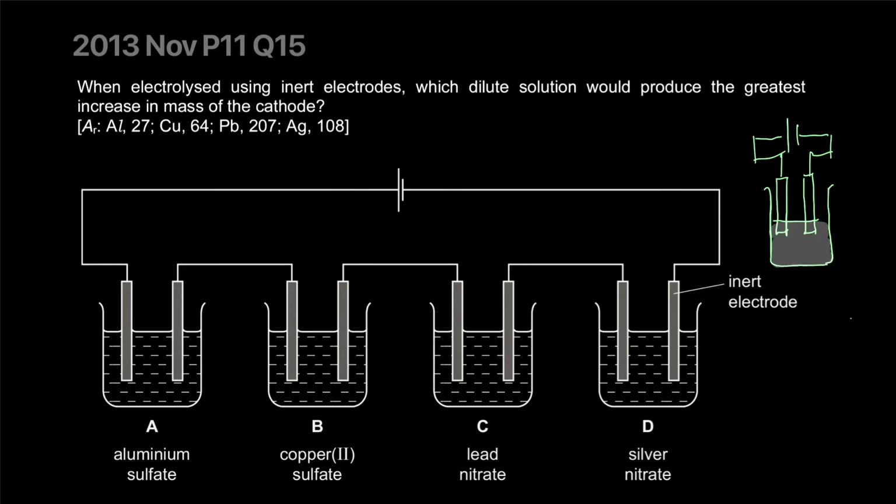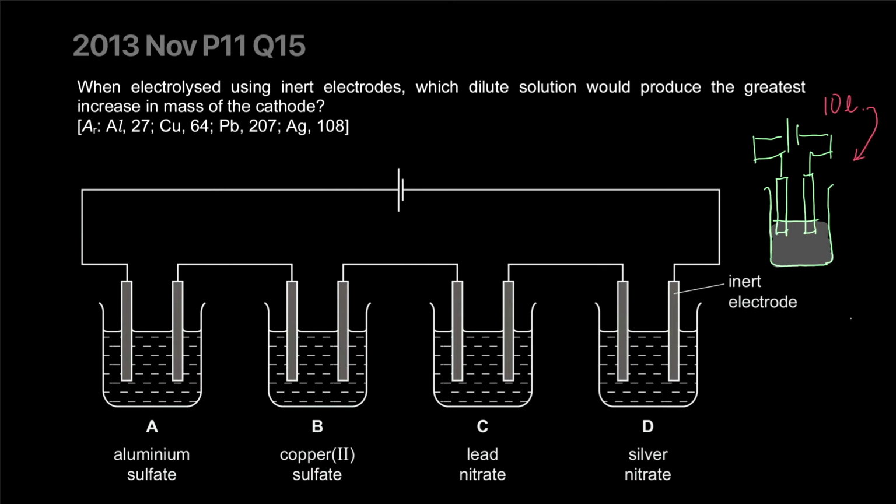Before we begin looking at the scary question, let's bring our attention to this abomination of a diagram. One thing to note is that this is a battery, and at the negative terminal, electrons are flowing into the cell we have over here. So let's say 10 electrons going in here.